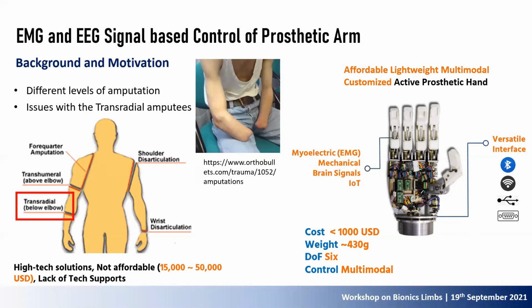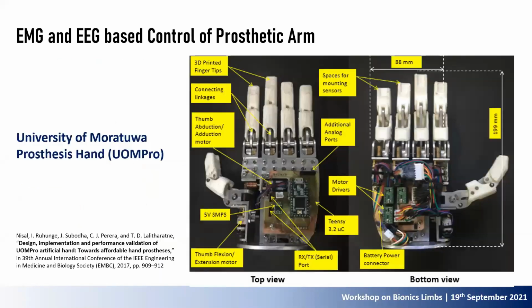So we designed and developed a 6 degree of freedom prosthetic hand with a weight of approximately 430 grams, called Pro, costing just under $1,000 US. This is a closer look at the developed hand.